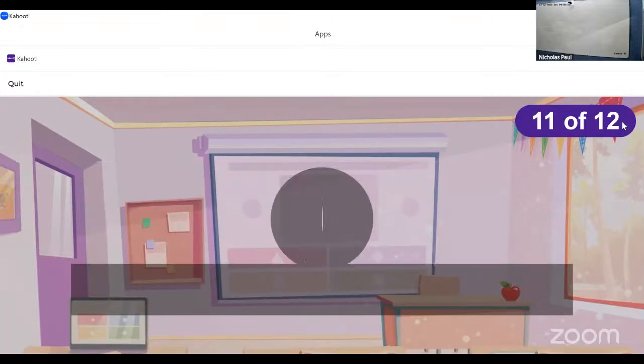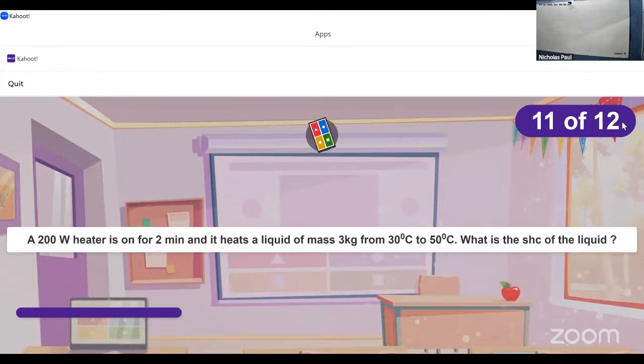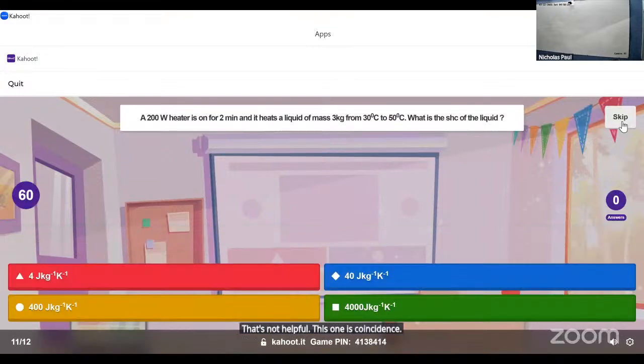This one is double points. The formula from last week. I have to rearrange.